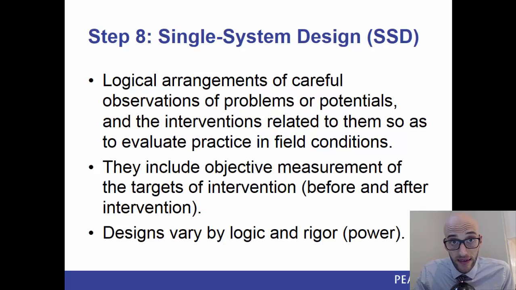And as you complete your own single system design, as you write this up, you'll be able to look at the data that you've got in graphical format, looking at the graphs and describing them, whether or not you've met your objective measurable targets of the intervention, and ultimately be able to see if you've met statistical significance, practical significance, and what the effect of your single system design actually was.